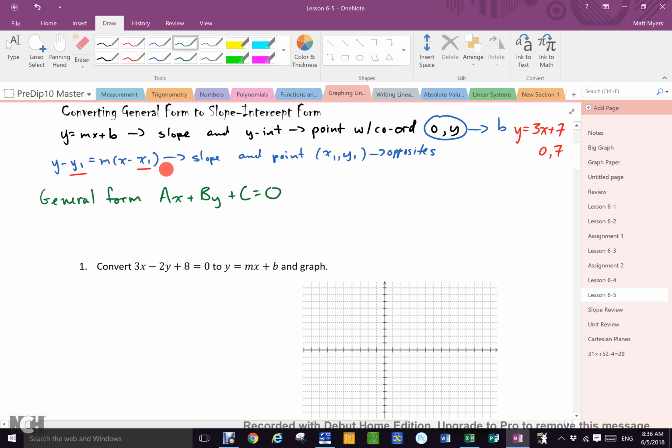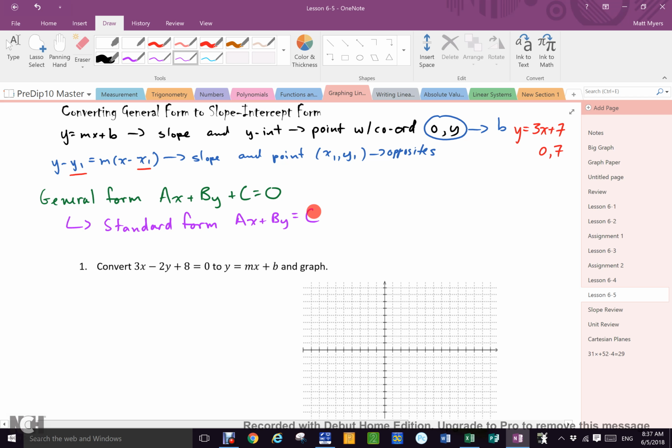Everybody cool? All right, so we are going to work with general form and his ugly cousin, who's boring, standard form. And standard form is simply ax plus by equals c. You just put the constant over by itself. Okay?